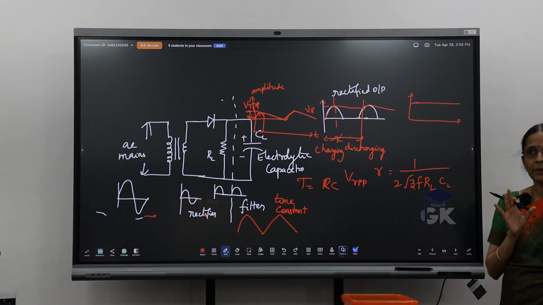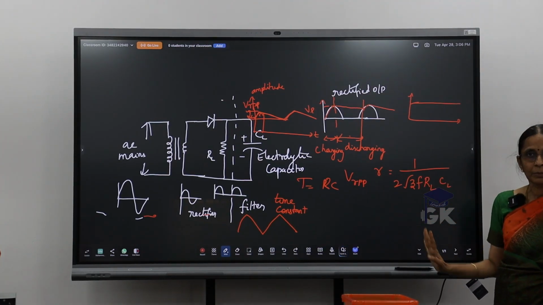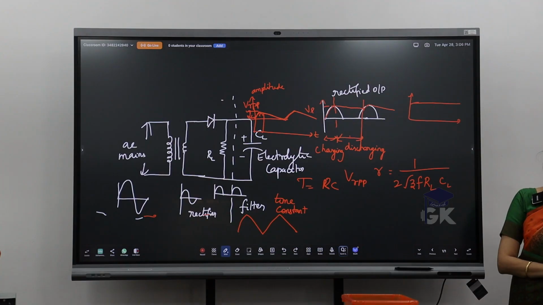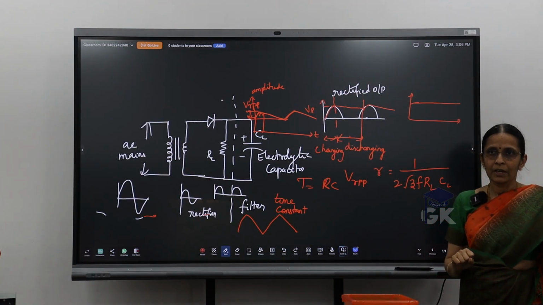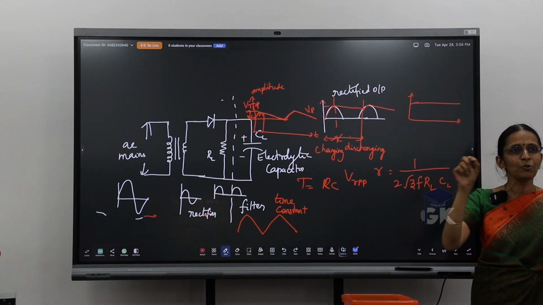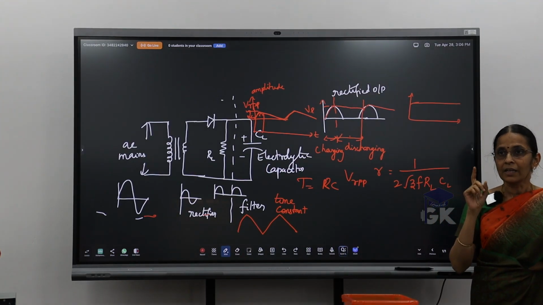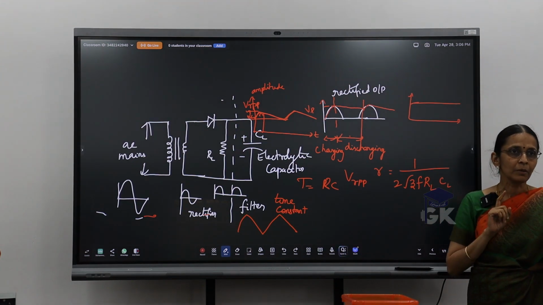So now in this experiment, as I told you, retain your rectifier as it is. Just add one capacitor, whatever value we are going to provide, and observe this particular waveform, right? And then I will give you a tabular column. In the tabular column, you have to make all the readings and tally your theoretical value and the practical value of the ripple factor.